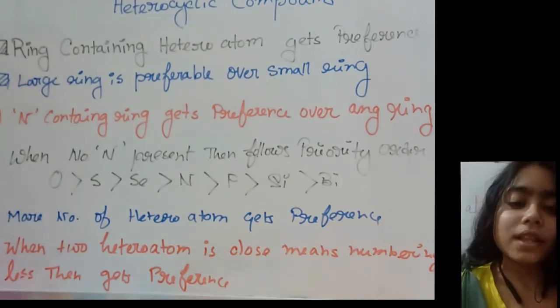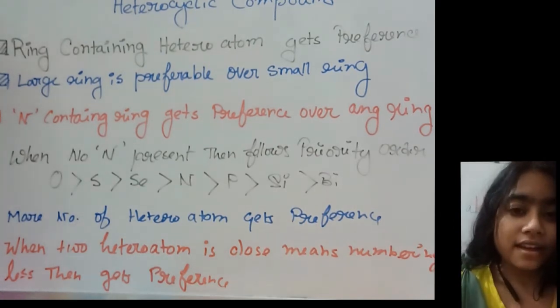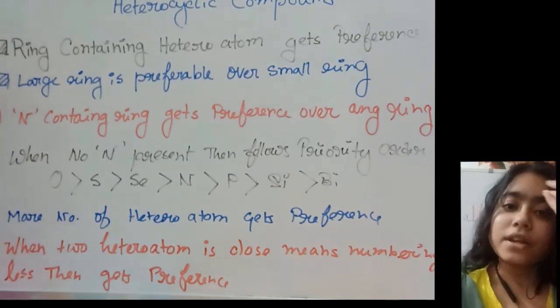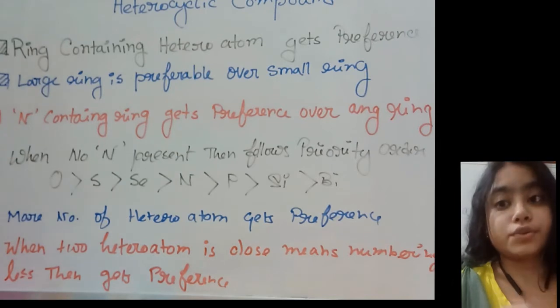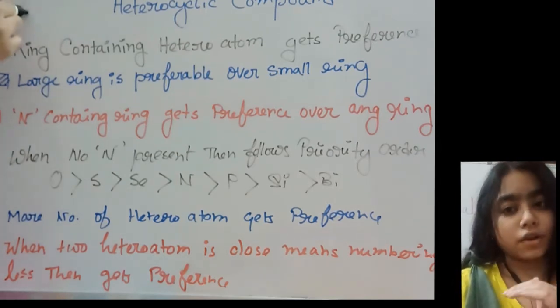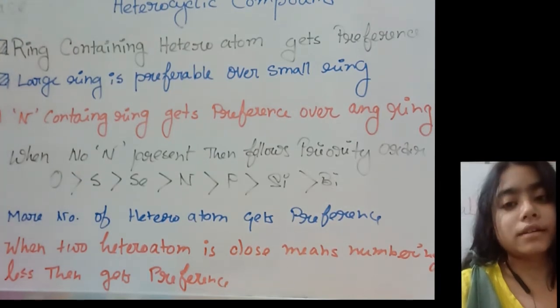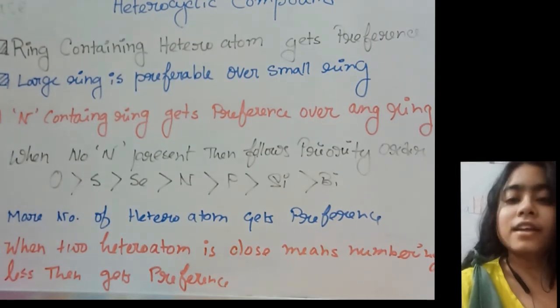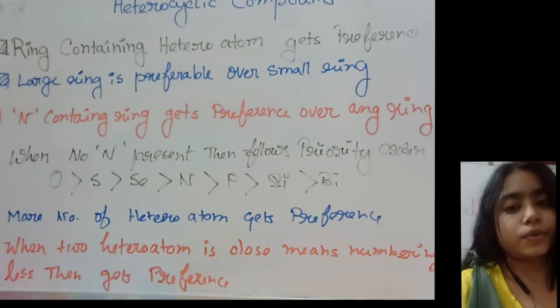Between those two rings, the ring containing a heteroatom gets preference for the base component. All these rules are applicable for choosing the base component. A ring containing a heteroatom gets preference over a ring that doesn't have any heteroatom.